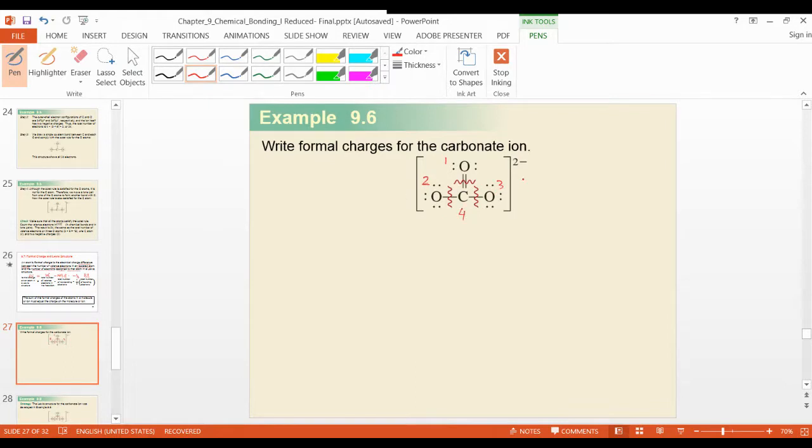So this is your formula. To determine the formal charge, you must first know the Lewis structure. If you don't know the Lewis structure, you cannot calculate the formal charge on this molecule.